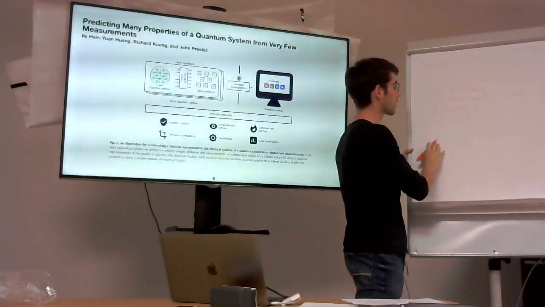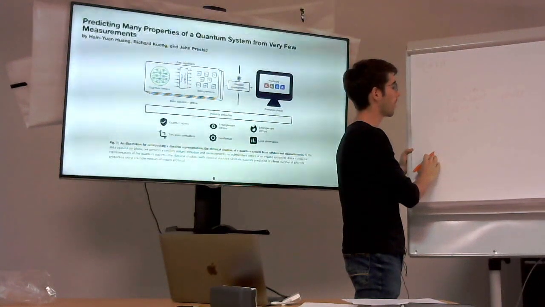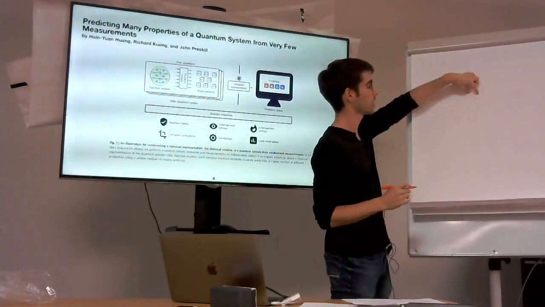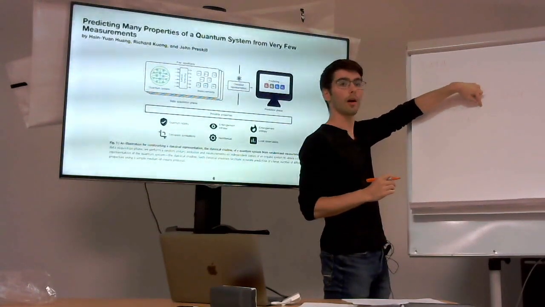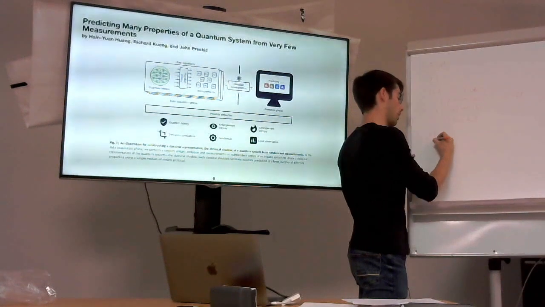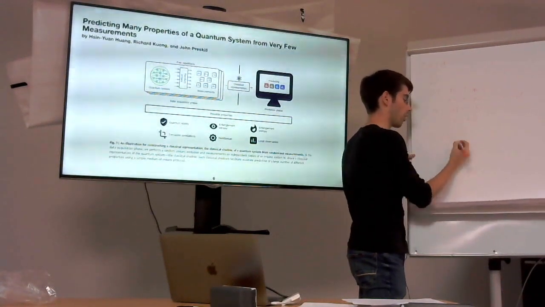So the whole process of performing this rotation of the state and measuring the output can be seen as a quantum channel. This quantum channel is an evolution of the state.